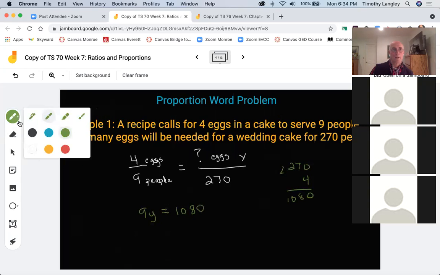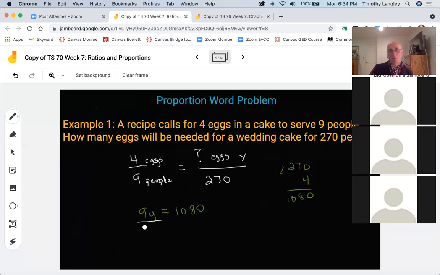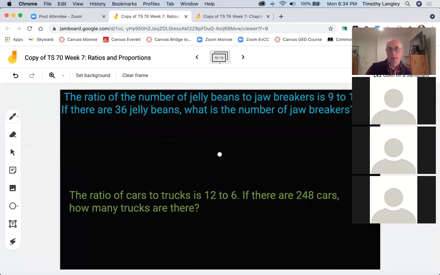I see I have 9y, there's my variable. I'm going to get rid of it by dividing this side by 9, do the same with this side, and then I'm going to get y equals, and you guys can figure it out from there. Just divide in your calculator 9 into 1080. So that's an example of looking at a story problem and just setting up the two ratios side by side and making them look like algebra.